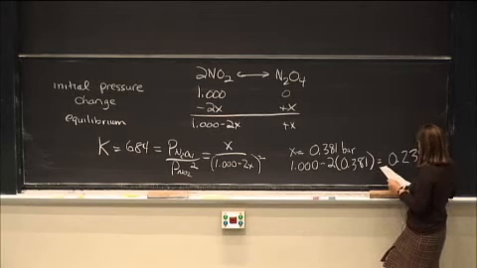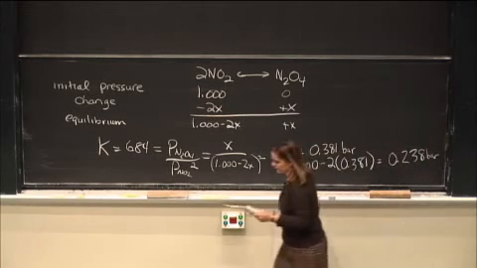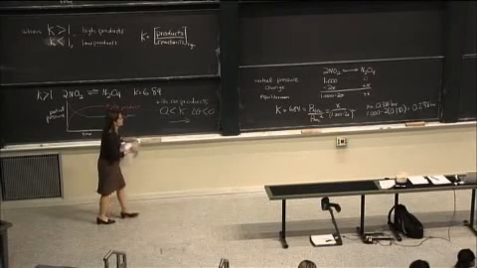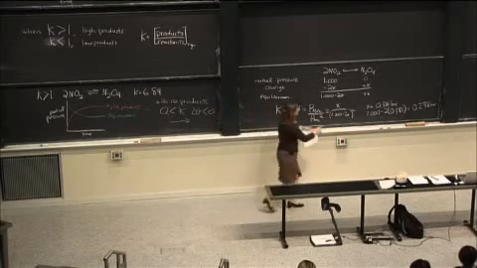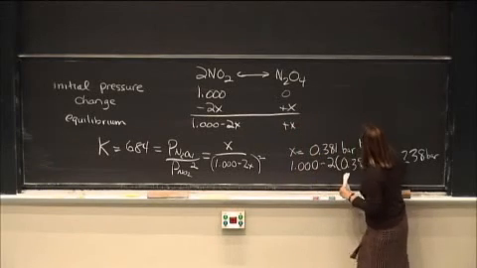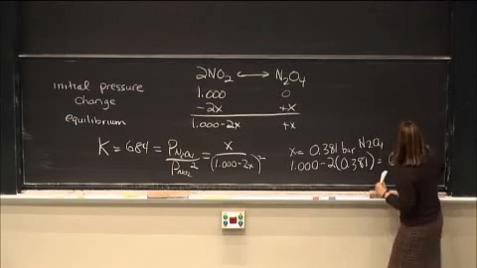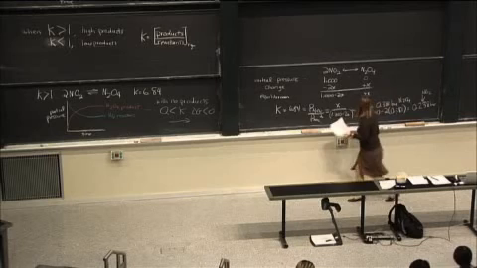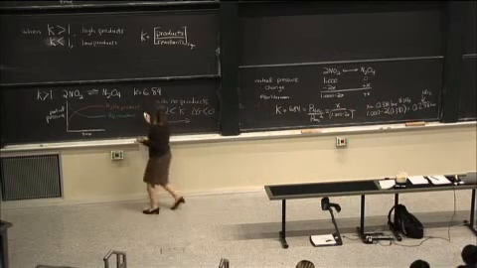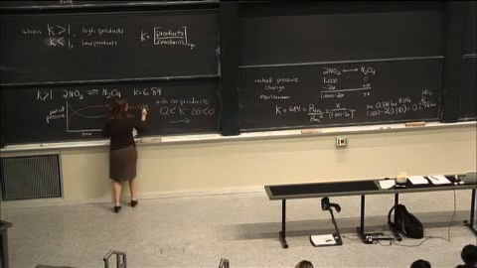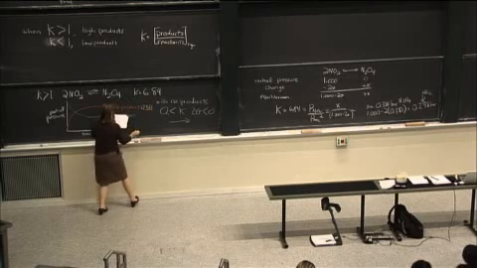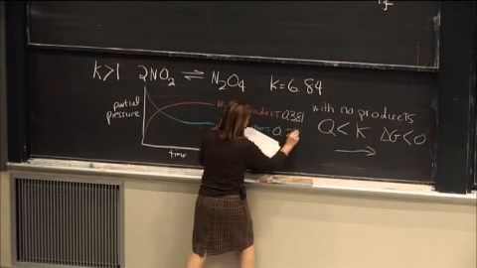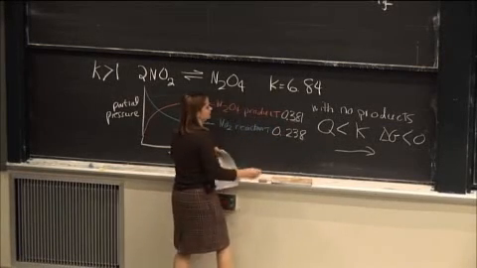0.238 bar. So if we go back over here, our products at equilibrium, oh, I guess I should write what, so x is our product, and this is our reactant. So the product, we have 0.381, and our reactant at equilibrium is going to be 0.238 bar.